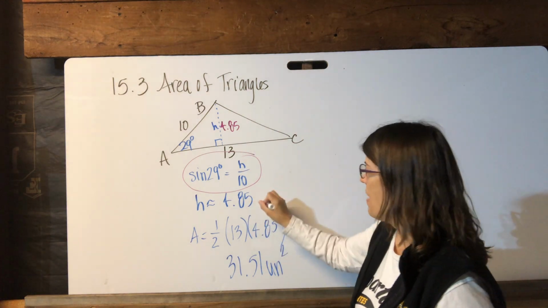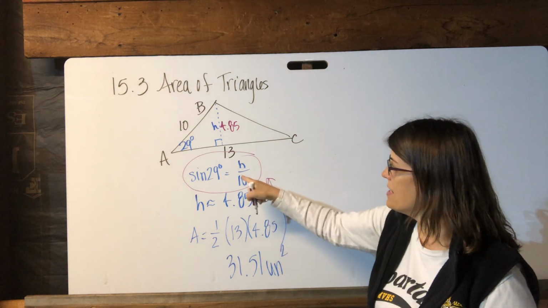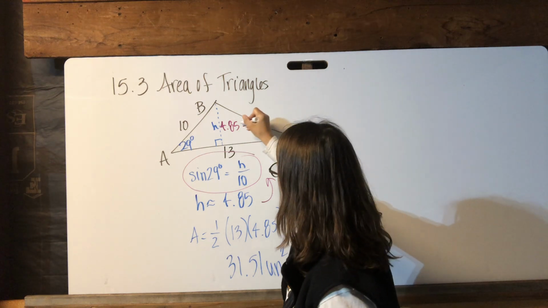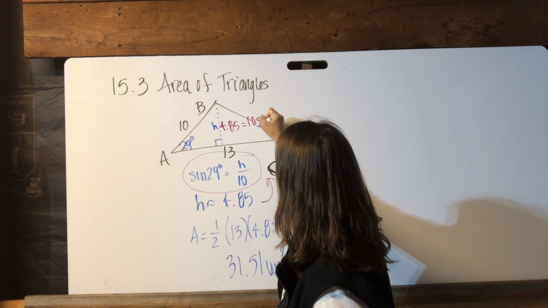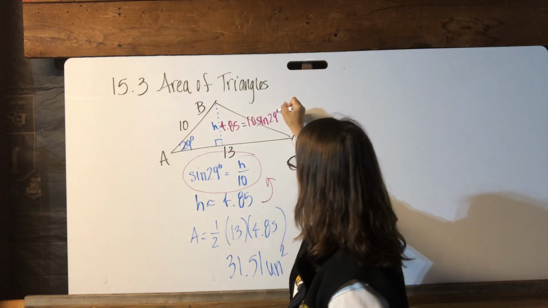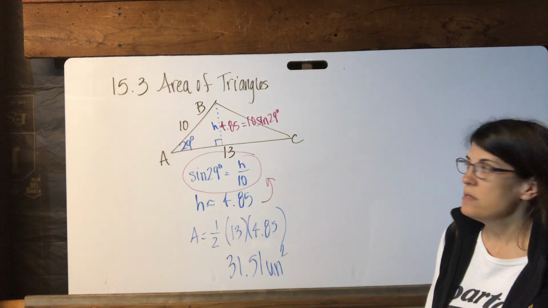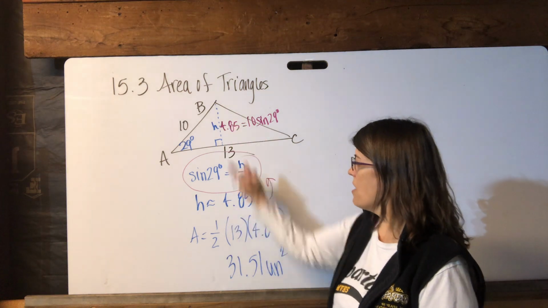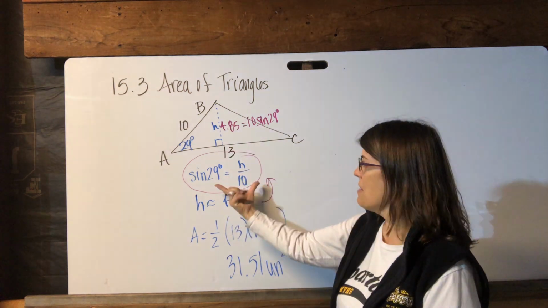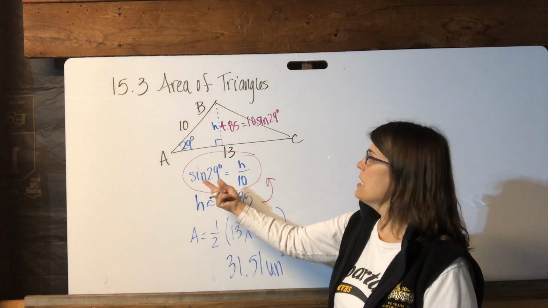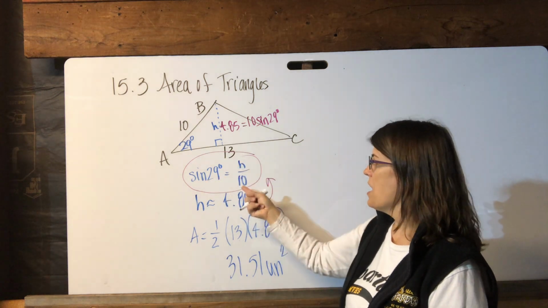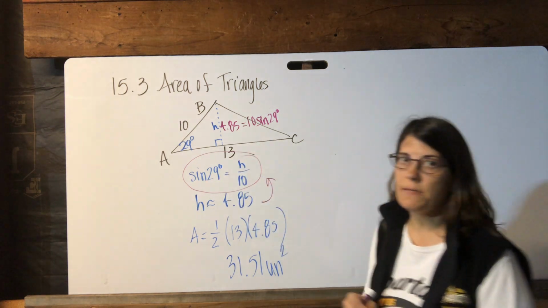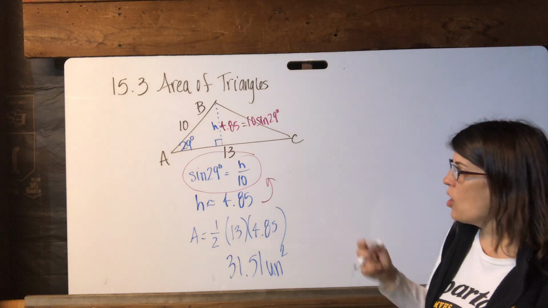So let's go backwards. The height came from 10 times the sine of 29 degrees. I got that the height was 4.85 from using SOHCAHTOA and saying the sine of 29 degrees was the height over 10.